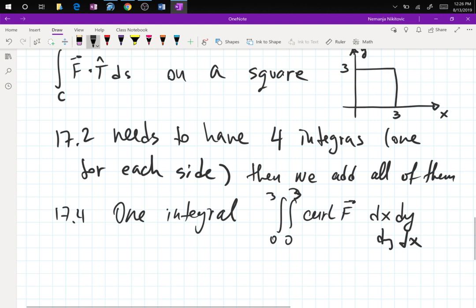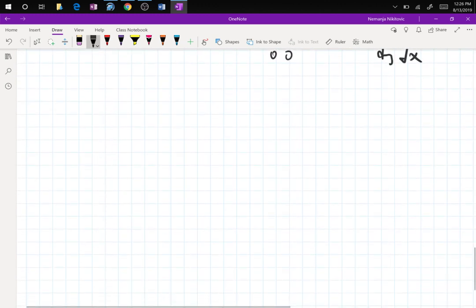And again, because you had the circulation and the flux form in 17.2, you are going to have for Green's theorem circulation and the flux form. So now all we need to take a look at for Green's theorem is the flux form of Green's theorem.